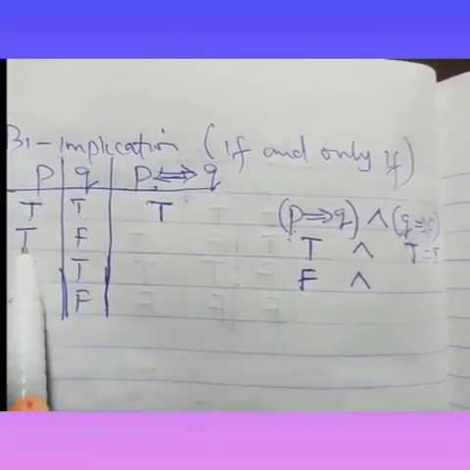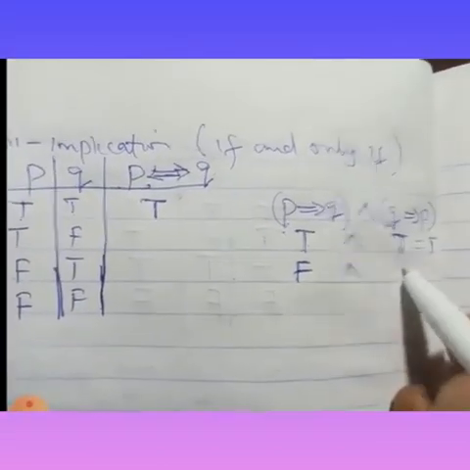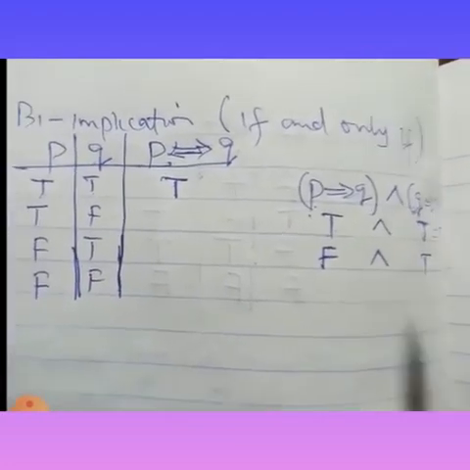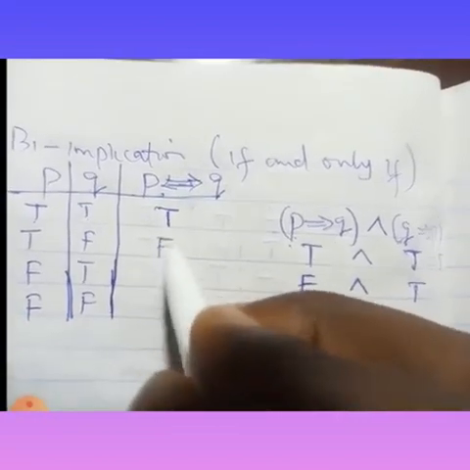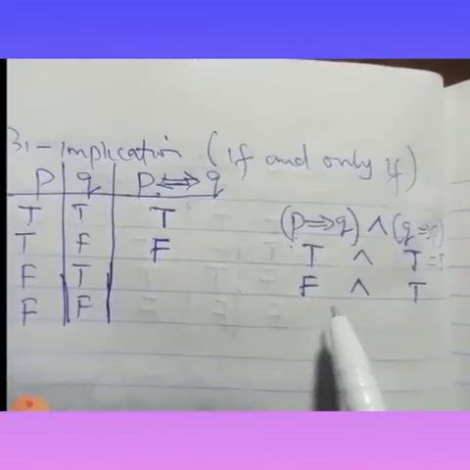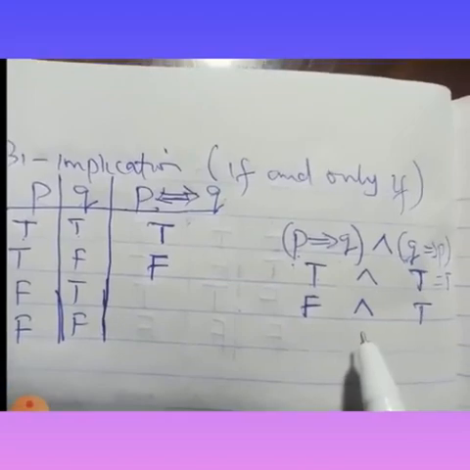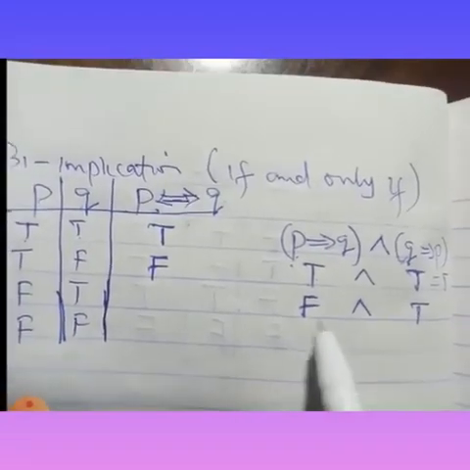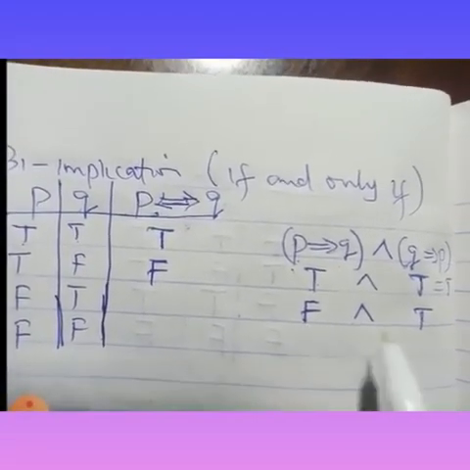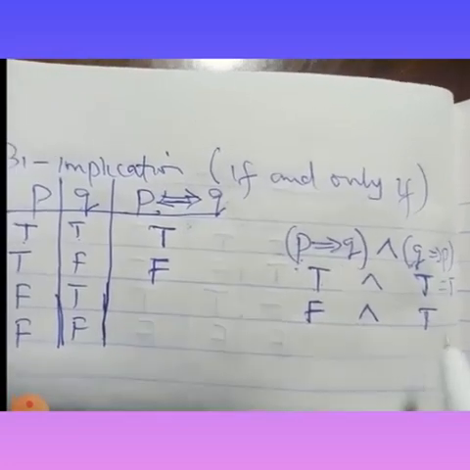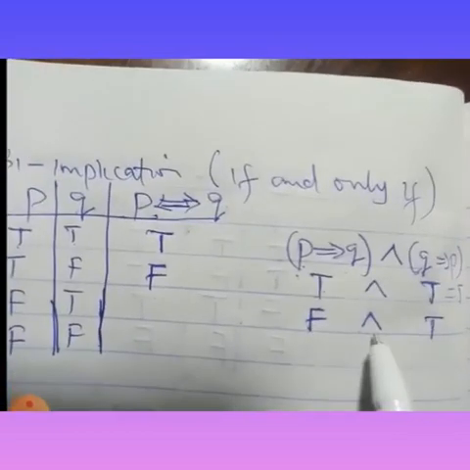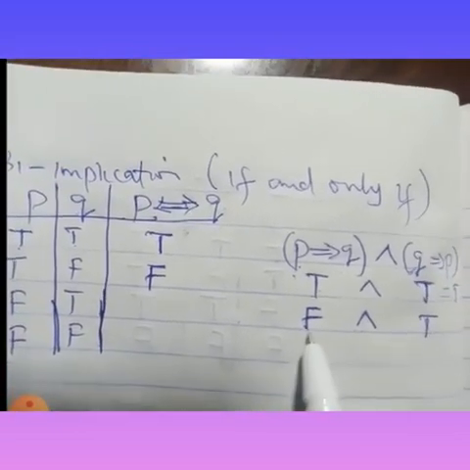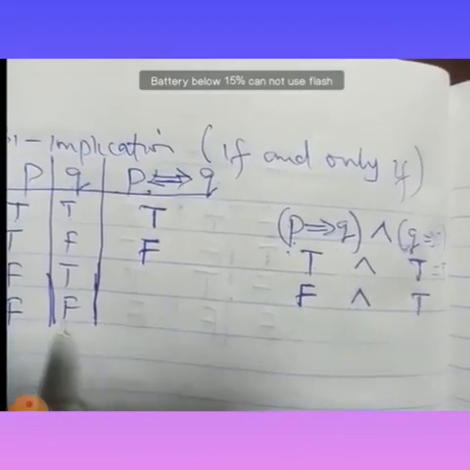False implies true will give us true. Now combining them with and, false and true will be what? False. Of course, I told you before, conjunction is like times. True is like 1. False is 0, conjunction is times, and true is 1. So if we have 0 times 1, of course, we have 0, and 0 is false.